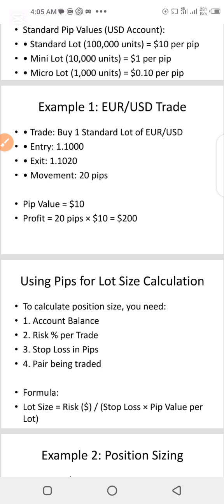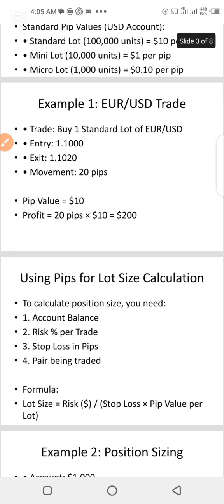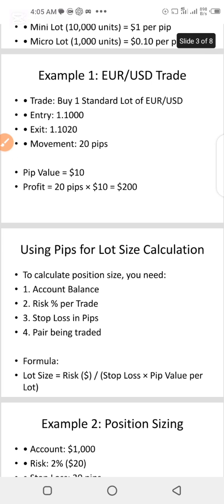The profit made because the market moved by 20 pips: our entry is 1.1000, while our exit is 1.1020. That means the pips is 20 pips times $10, which is equal to $200.